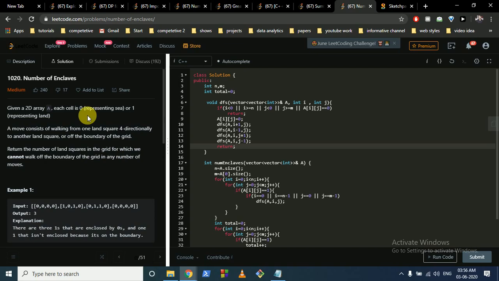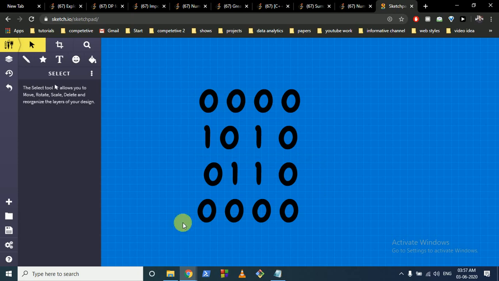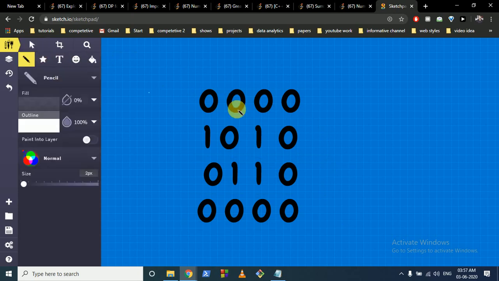So what you have to find out is a land piece from which you cannot move to the border. I will tell you how. This is a land grid. I have drawn the grid. Now let's assume we are on this one. Irrespective of how many moves you make, because 1 represents land, if you are here, you can move here, here, here, but you cannot move out of this grid.